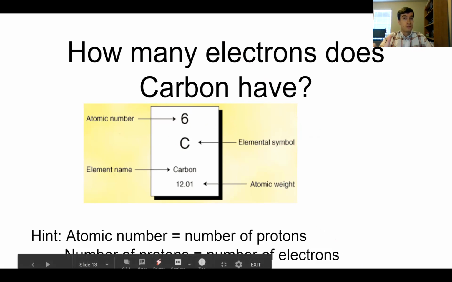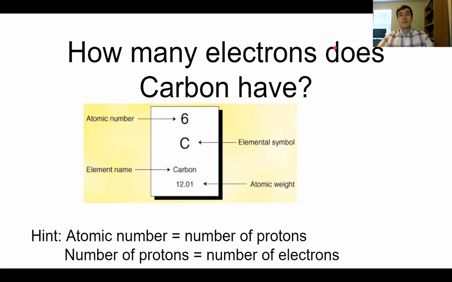All right, so throwing a little loop in here for you guys. How many neutrons could we find in one atom of carbon? Six. Stacy, 6 is exactly correct.